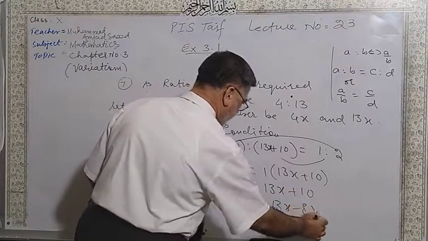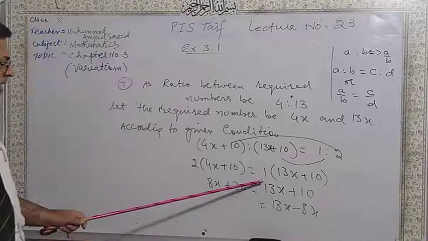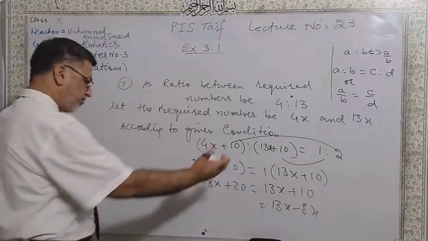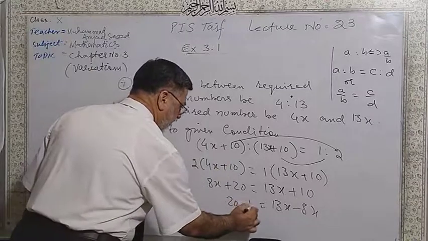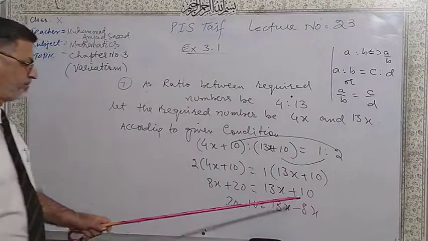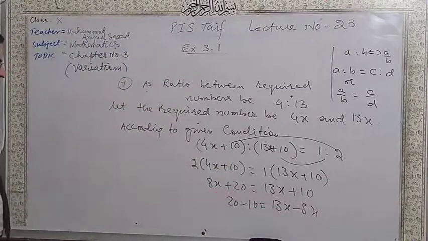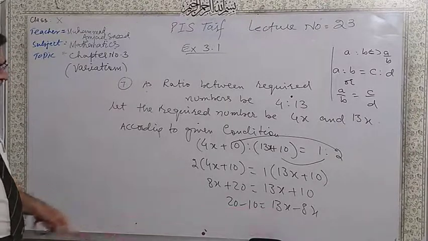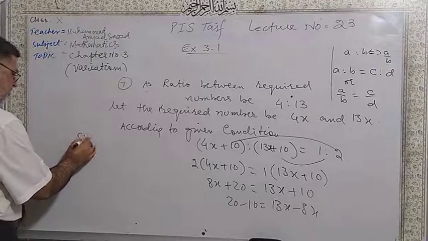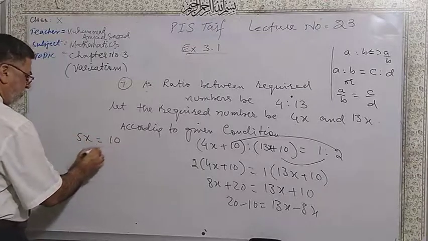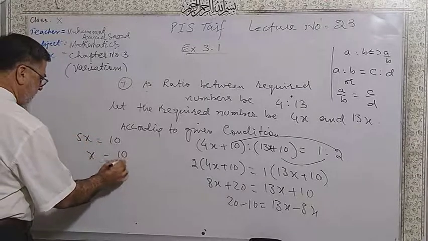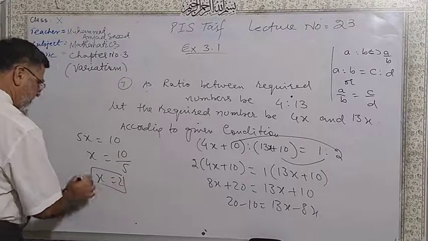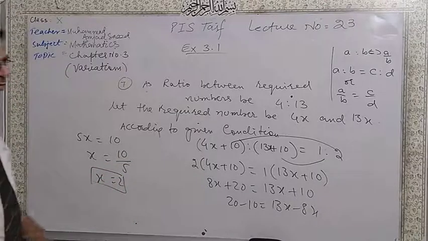Bring 8x to the right hand side, to the bigger positive term, 13x. Bring 10 to the left hand side. What will be? 13x minus 8x is 5x, equal to 10, and x is equal to 10 over 5, so x is equal to 2.